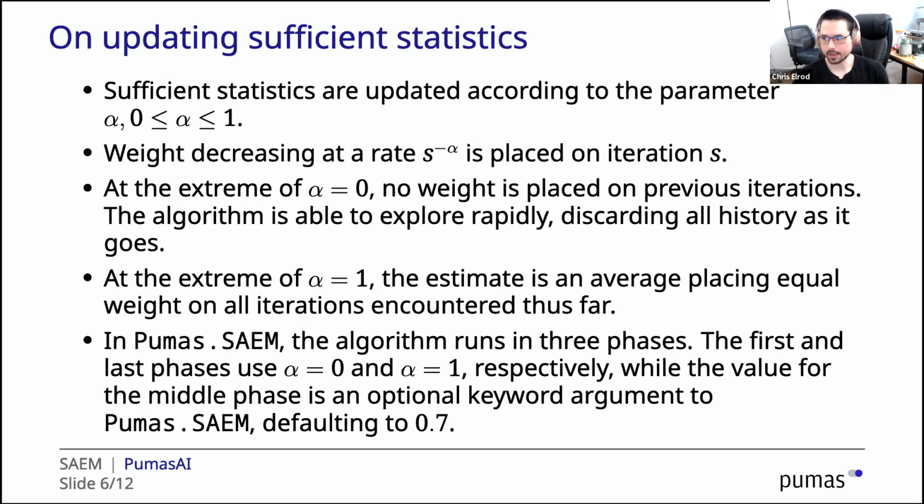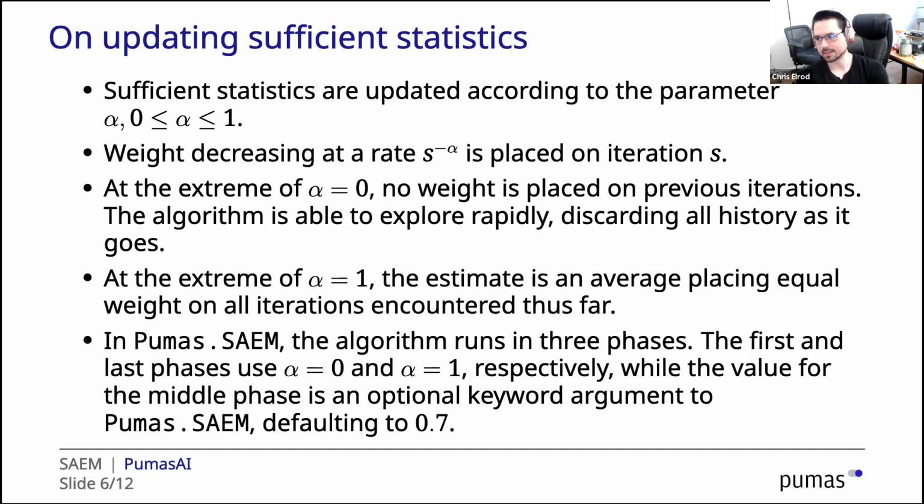I'll now move on to some more details on some of the parameters that you can use to adjust the sampling behavior within Pumas. One is that there is a keyword argument to the Pumas SAEM called alpha, and it's bounded between 0 and 1. Basically, the weight placed on an iteration decreases across iterations at a rate of s to the negative alpha power.